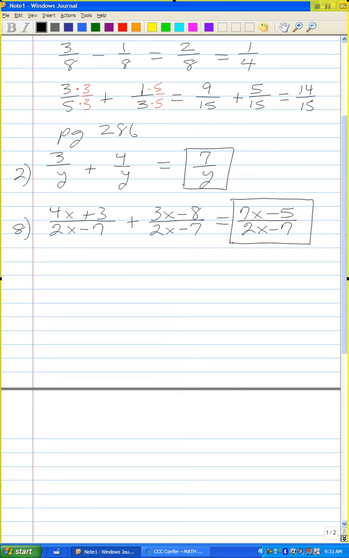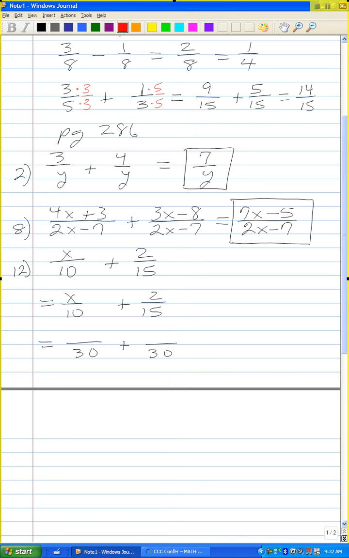Let me do problem number 12. X over 10 plus 2 over 15. Okay, so in exercises 11 through 29, add the rational expressions with different denominators. So in this case, the least common denominator is 30.